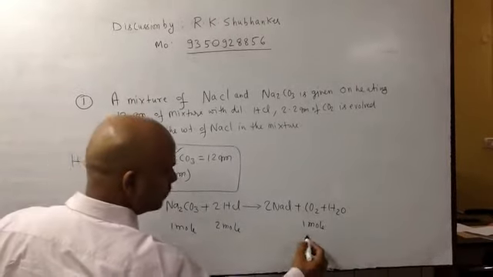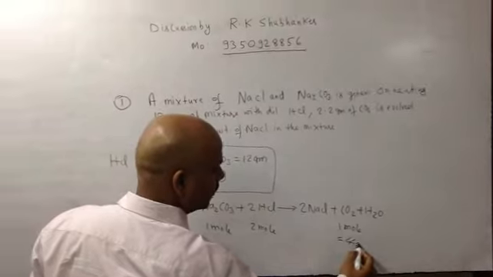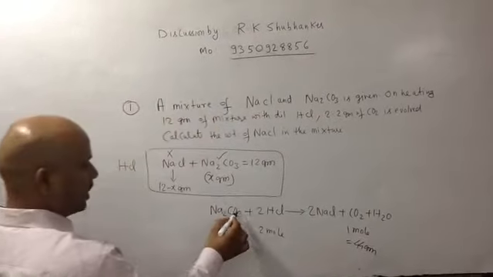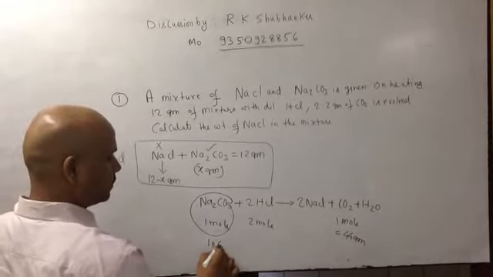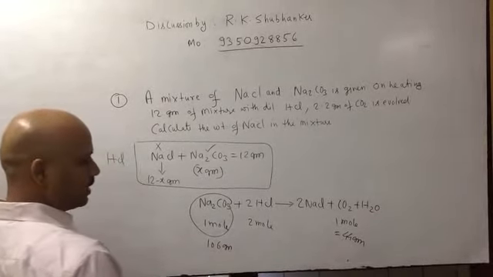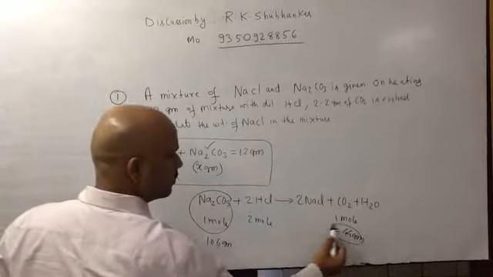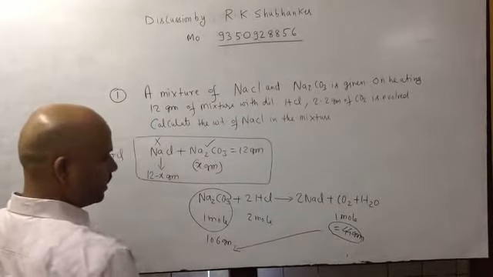Mass of 1 mole of CO2 is 44 gram, and mass of Na2CO3 is 106 gram. Then we can say that 44 gram of CO2 is obtained from 106 gram.